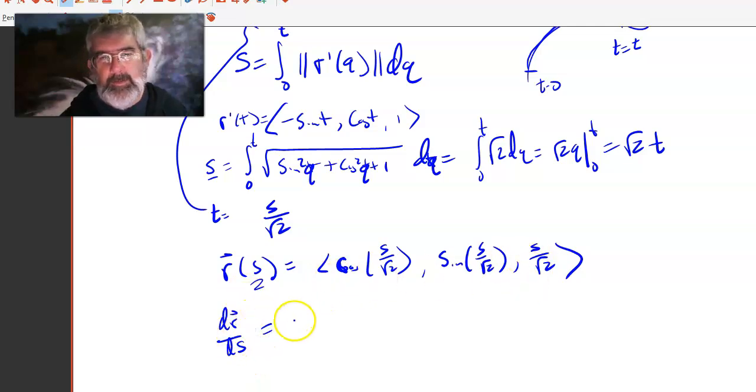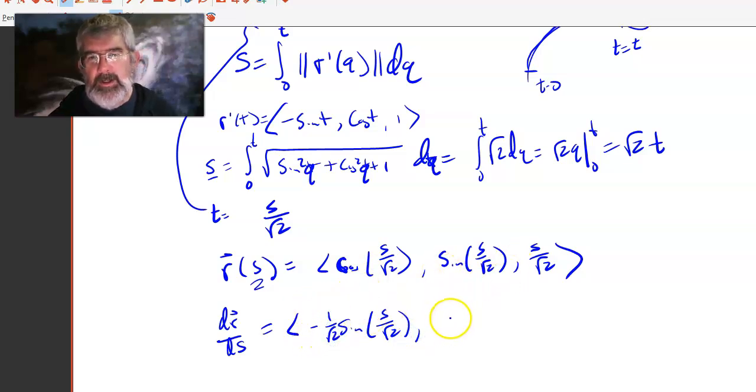There's a chain rule that happens here. So this would be minus sine s over the square root of 2, but then take the derivative on the inside, which would be 1 over the square root of 2. Likewise here, I've got the cosine of s over the square root of 2 times 1 over the square root of 2. And then this one, the derivative is just 1 over the square root of 2.